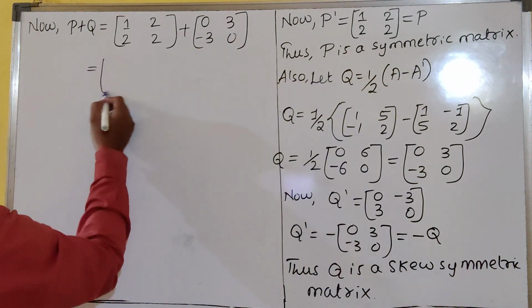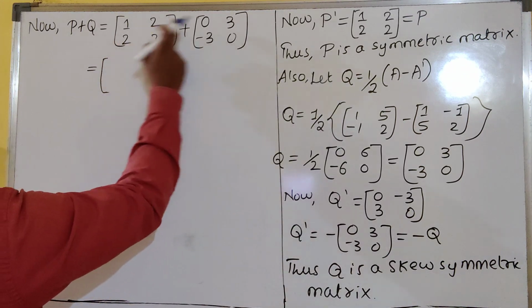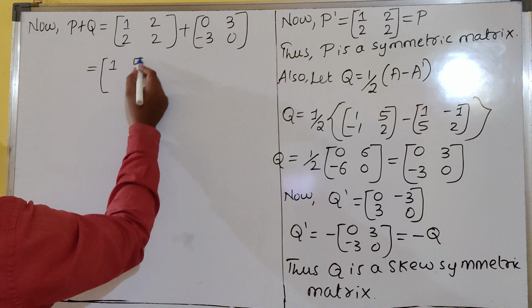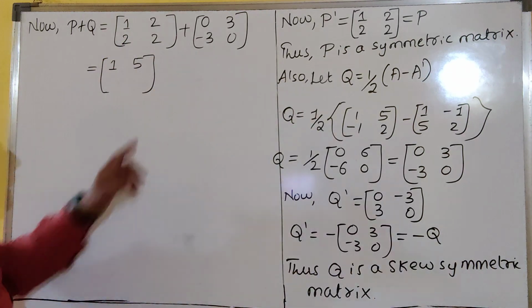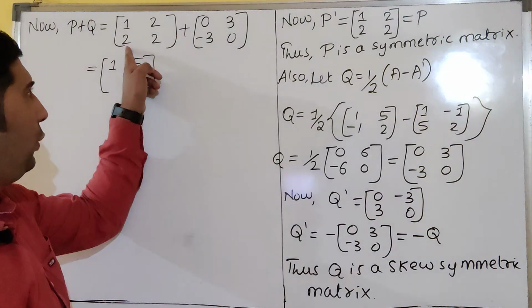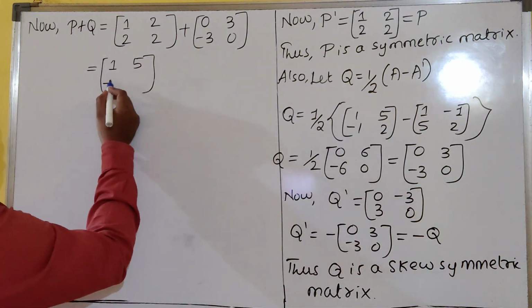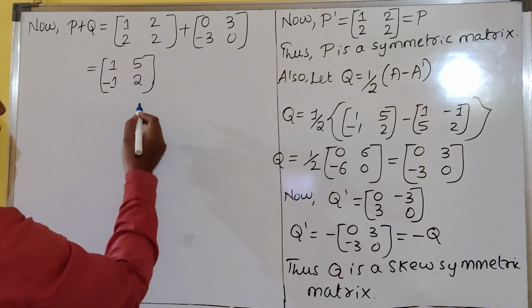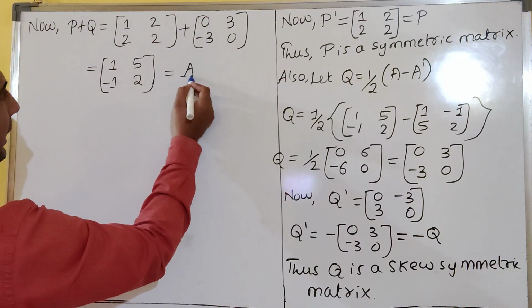So add them, dear students. 1 plus 0 is 1. 2 plus 3 is 5. 2 plus into minus, 2 minus 3 is minus 1, dear students. 2 plus 0 is 2. So this is nothing but your A only, dear students.